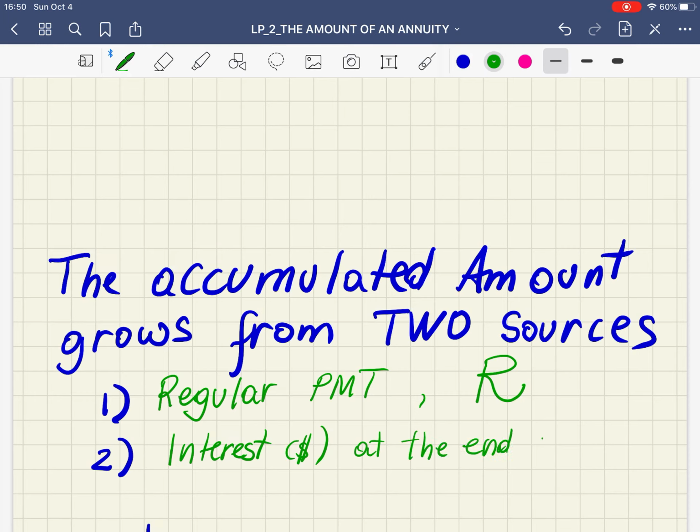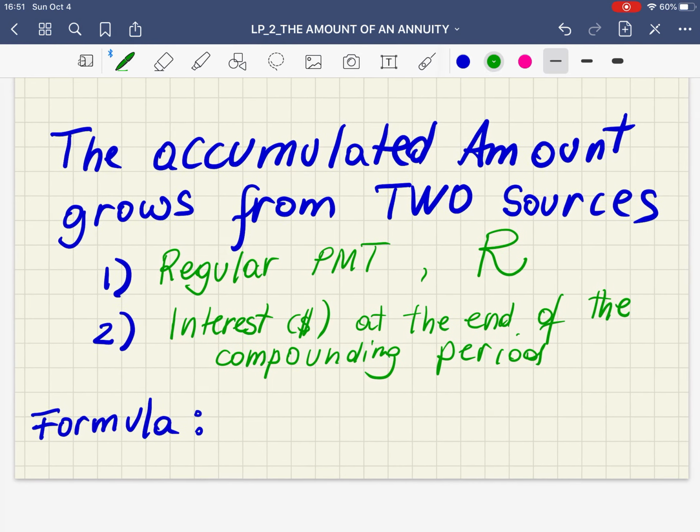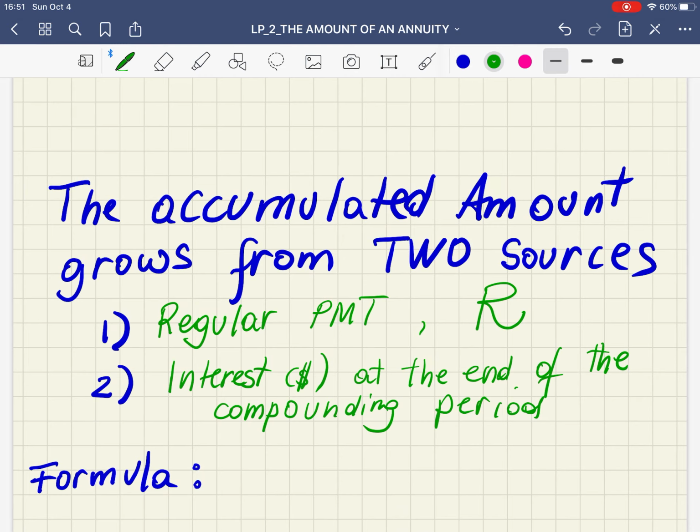Now, the formula for the annuity is quite fancy, but nothing that you cannot memorize. We'll go over it together slowly. So here we go. The formula for the annuity is, always start with A, where A is the accumulated amount, nothing new here, equals, it's just like in a compound interest investment.